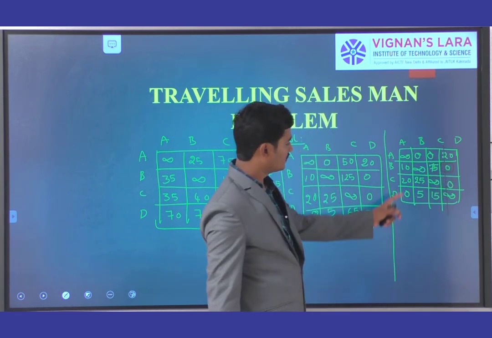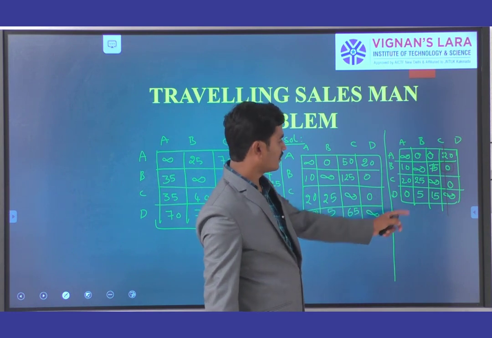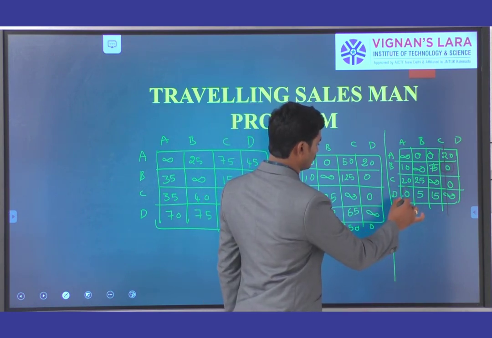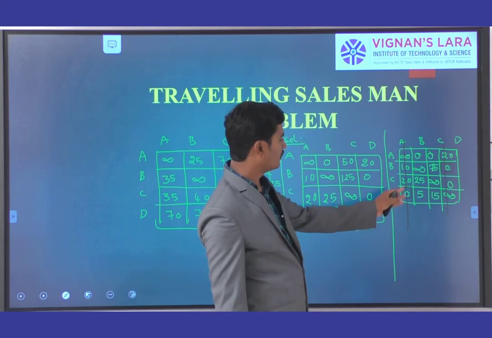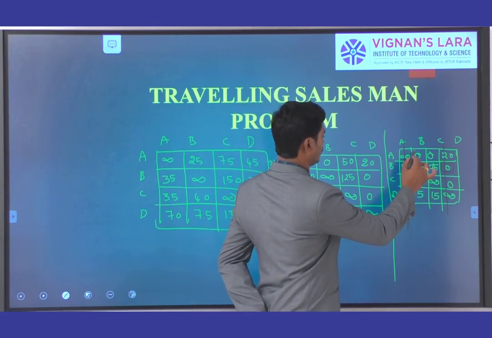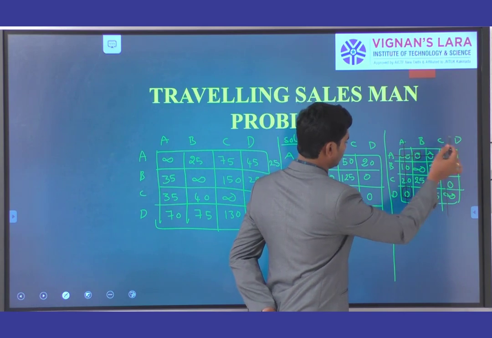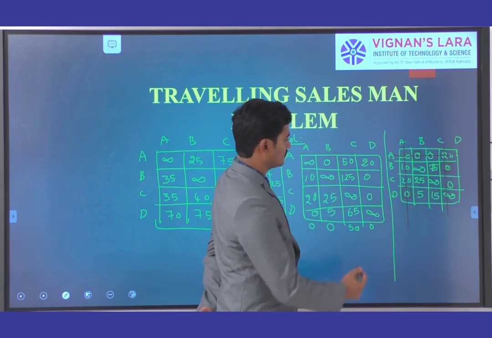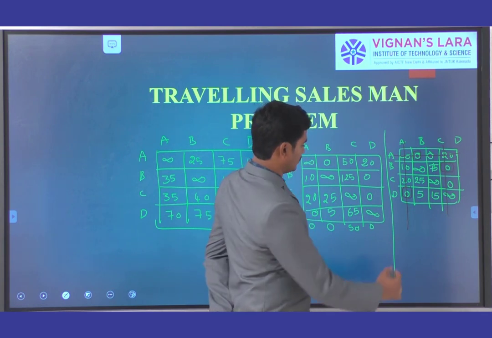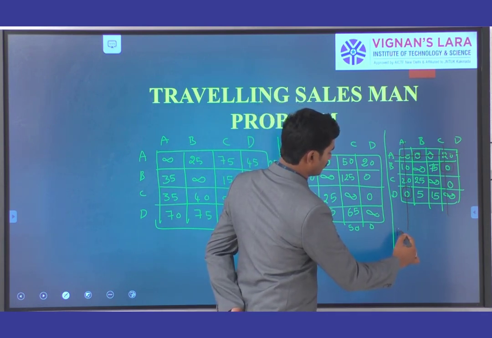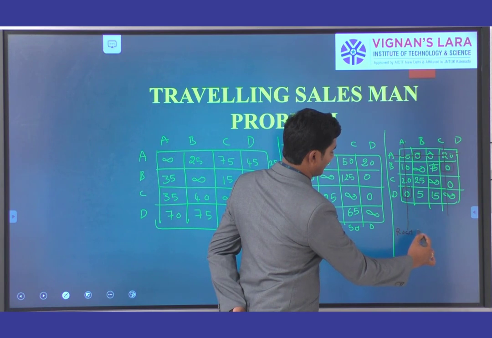Next, the second row has no 0. Next, the third row has only 1 zero; we assign that and remove it. Next, coming to the column scanning, here we have 0. Okay, it is over. Next, third, there are no zeros here, and here also there are no zeros. Next we are going to check whether rows equal allocations.